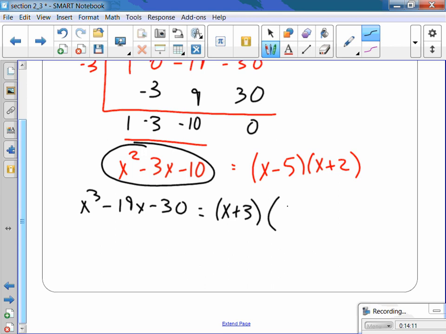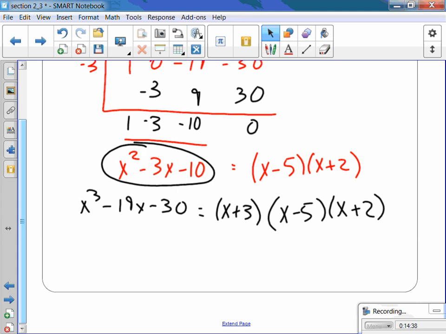So here, by using the division, knowing that first factor of x plus 3, we're able to get our quotient of just a polynomial of degree 2, a quadratic, which we're able to factor into that x minus 5 and x plus 2. So division, whether it's synthetic or long division, does help us out quite a bit in factoring a polynomial.